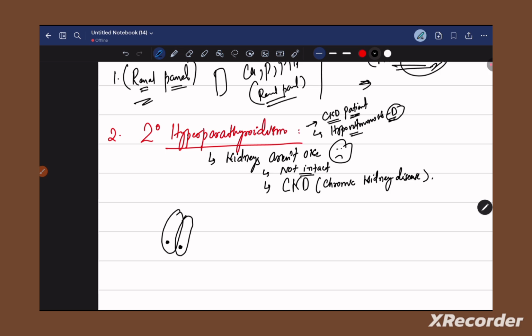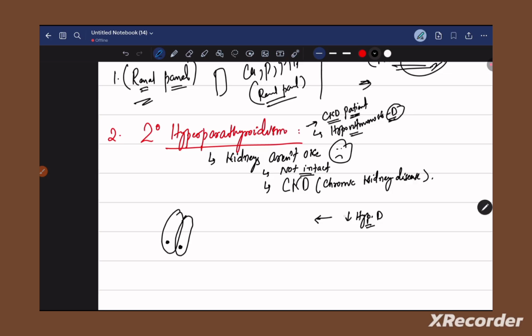Now what will happen in this hypovitaminosis D? When the patient is hypovitaminotic D, there is deficiency of vitamin D. What will happen? You know that this vitamin D is very important for absorption of calcium from the gut.